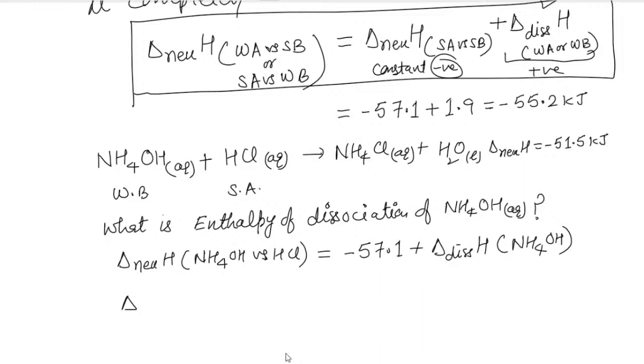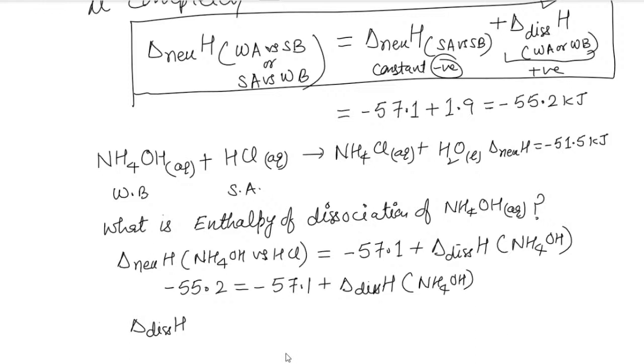So the enthalpy of neutralization is given to you, it is minus 51.5 equal to minus 57.1 plus the enthalpy of dissociation of ammonium hydroxide. So the enthalpy of dissociation of ammonium hydroxide is equal to minus 51.5 plus 57.1.